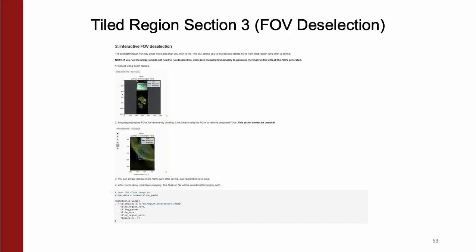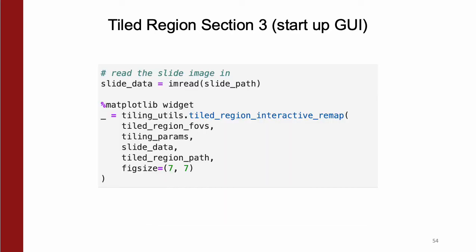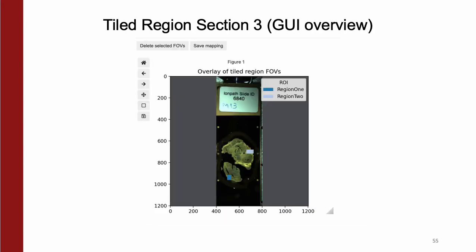This will lead us into section 3, which allows you to adjust each region for irregular sample shapes by deleting extraneous FOVs. So when you run this cell in this section, it'll spin up an image like this, displaying your slide, and overlaying each FOV on the slide, color-coded by the region they belong to.